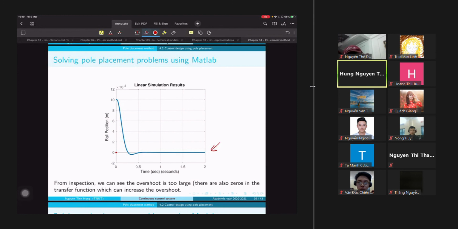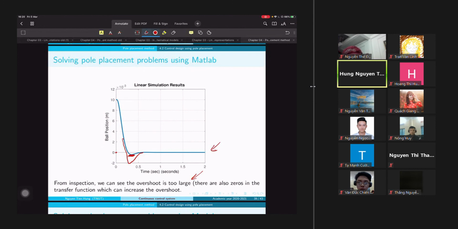But of course in this case, you can see that there is an overshoot, and it is too large. Since this is a metal ball, if we have too large an overshoot, then the ball will oscillate a little bit.